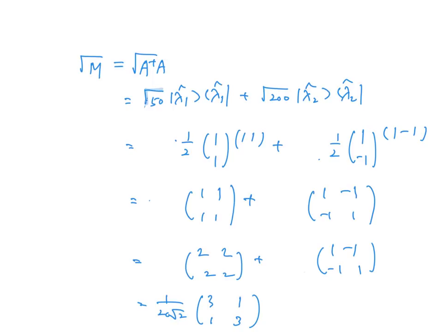So that is 2 square root of 2, right? There's 10 square root of 2. So square root of 2, 5, two over 5, and this 5 square root of 2.